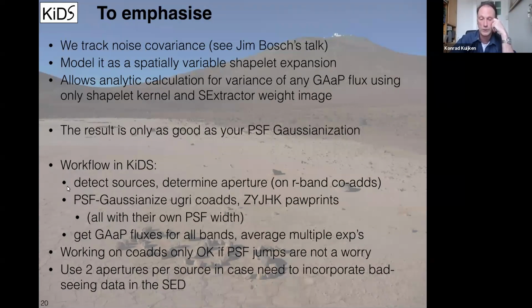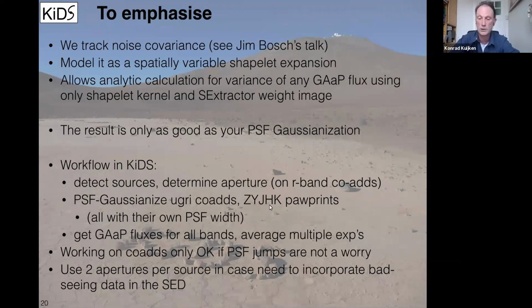So in KiDS, what we do is we make our normal stacks. We detect the sources and determine an estimate for the optimal aperture for the photometry. We do this on our deepest image, which is the r-band coadds. That's just to set the apertures. Then we PSF Gaussianize all our coadds, the u, g, r, and i. For the infrared data, there are very large gaps between the chips, so the coadds actually have too big a PSF jump.